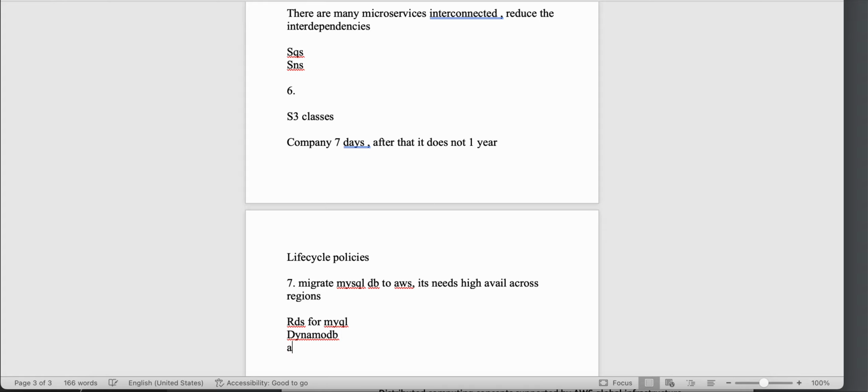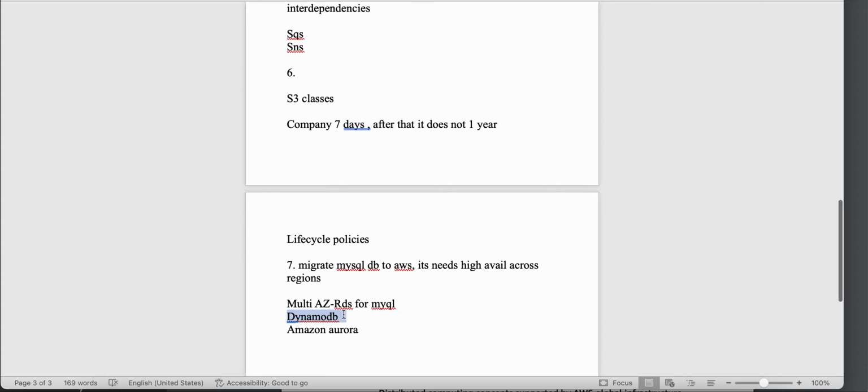One was Amazon Aurora, and one was multi-AZ RDS. Now DynamoDB cannot directly emulate it because MySQL is a relational database, and DynamoDB is a NoSQL database. It is removed. Two options are left: multi-AZ RDS and Amazon Aurora.